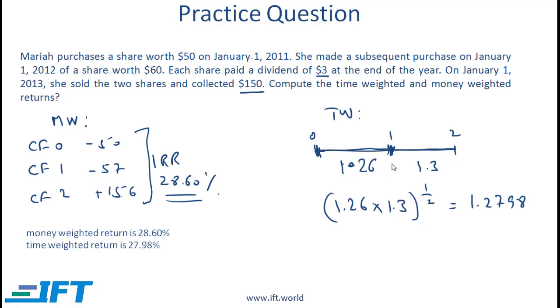So the dollar here became 1.3 at the end. If you think of the dollar from the start of the year, that becomes 1.26 times 1.3. To compute the time weighted return, we need to find the geometric mean of these two numbers. So we multiply them and raise to the power of 1 over 2 because we have 2 periods, and we get 1.2798. This means that the return is 27.98%.